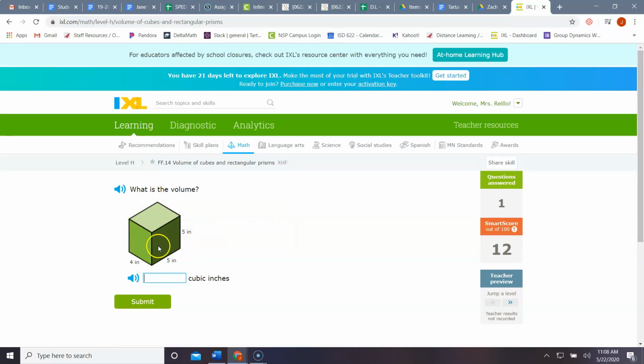Okay, so this time we're looking at a prism. If we want to do what they did in that example, all we are doing is length times width times height, where we have 4 times 5 times 5.